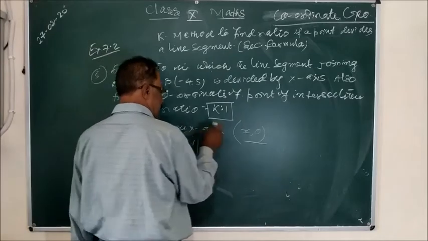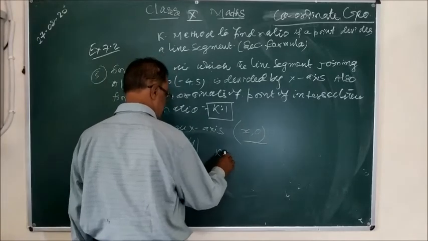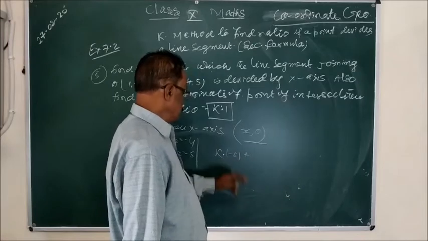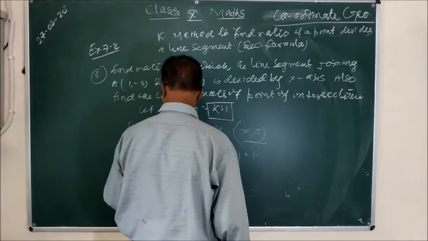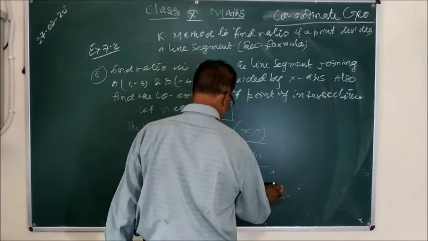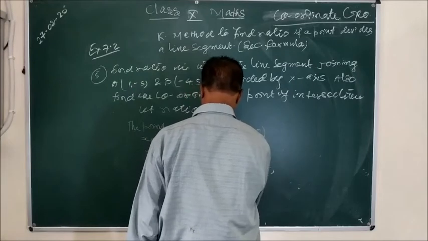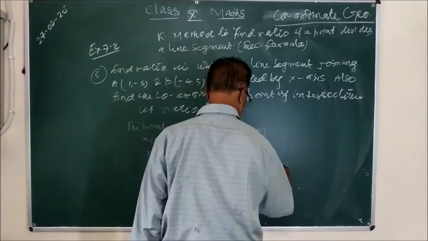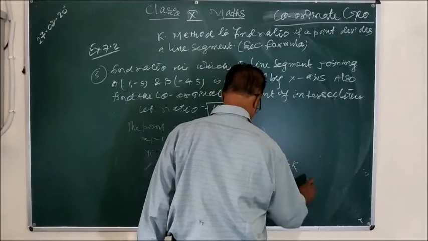Now by the section formula, m1 x2 plus m2 x1 upon m1 plus m2, here m1 is k and m2 is 1. For the second coordinate, m1 is k and y2 is 5, so k into 5 is 5k.